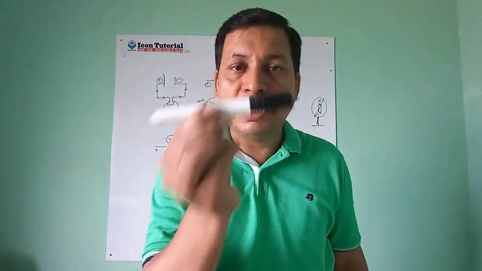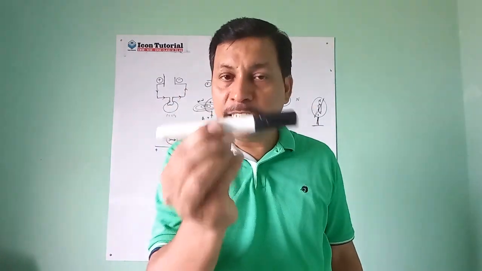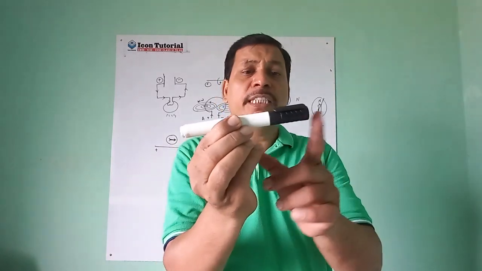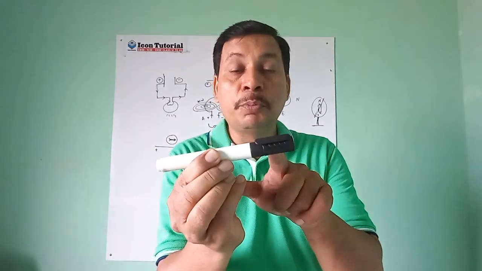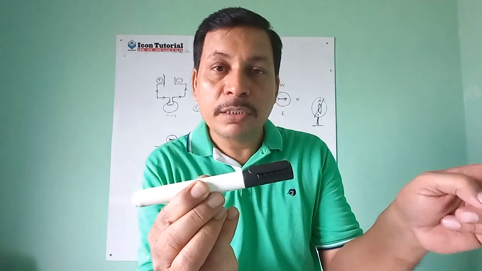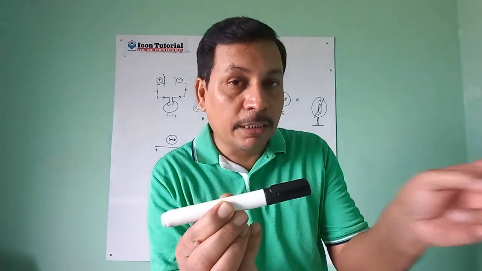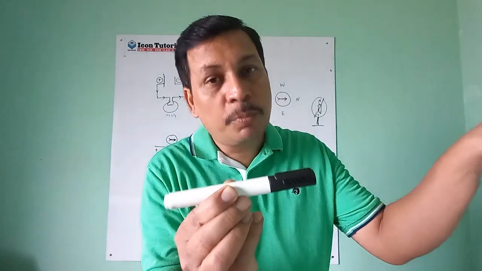The black colored part is the north pole. This needle is also a magnet: this is the north pole, this is the south pole. This north pole is attracted towards the south pole, because in the north direction the south pole is there.